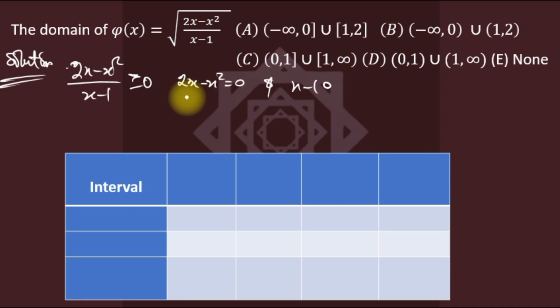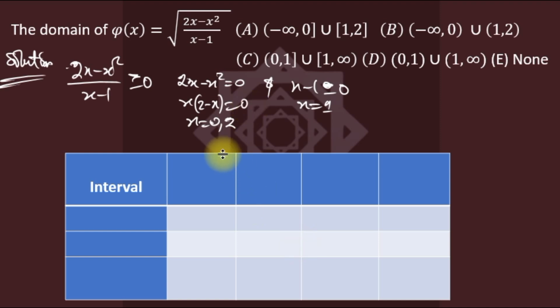Solving for x, here x is 1, x is 0, and x is also 2. So we have x equal to 0, 1, and 2, and we use them to form intervals.